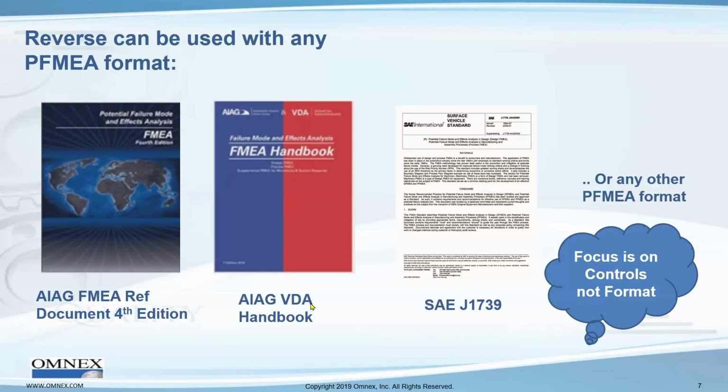Actually, it doesn't really matter what type of format or procedure you use. There's no PFMEA that doesn't evaluate preventative and detective controls. And so the reverse FMEA process doesn't care what format it's working with.